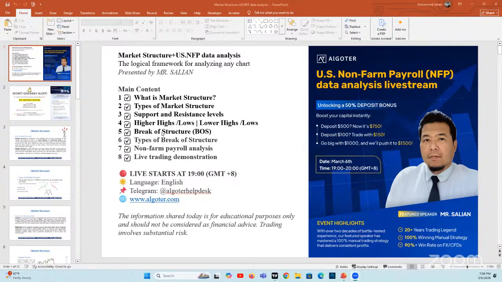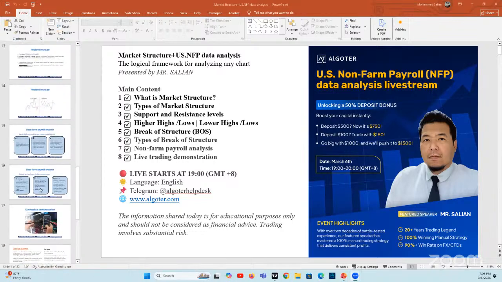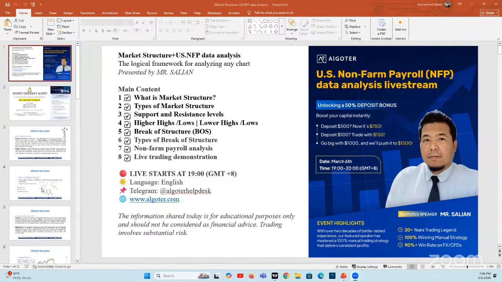It will always be there, crystal clear for you. If you want to know where the bias is going or where the trend is going, you have to study and master market structure. I will go through all these slides, and you will see it's been there all along. Yes, it's always there in your charts, my friends.